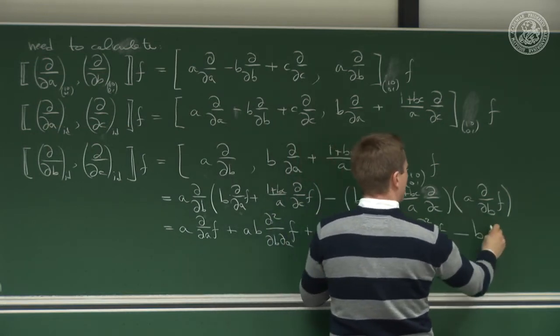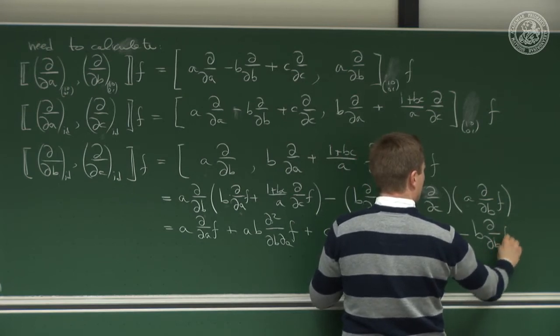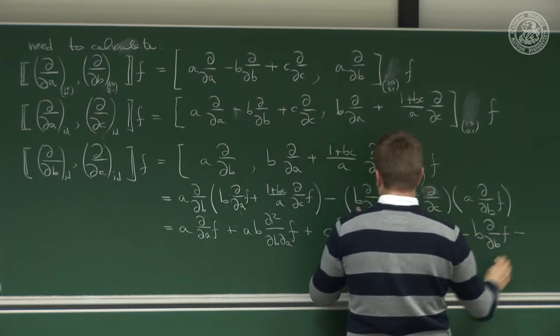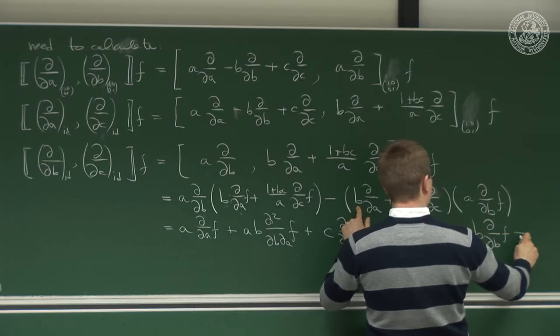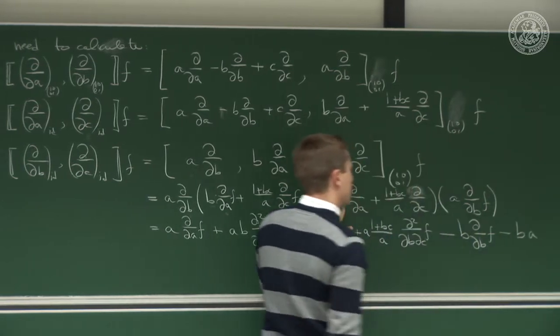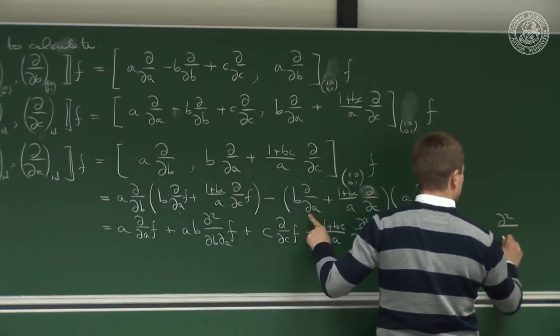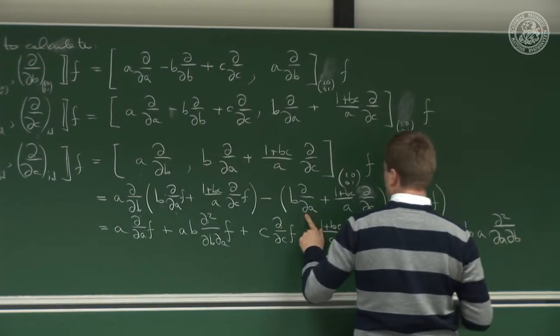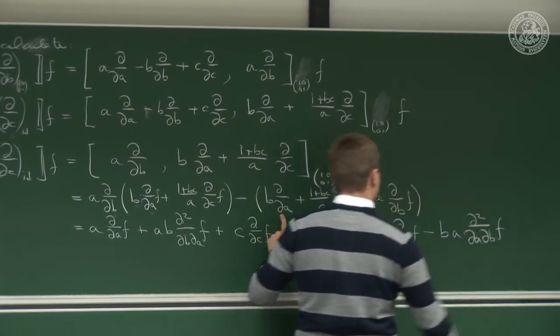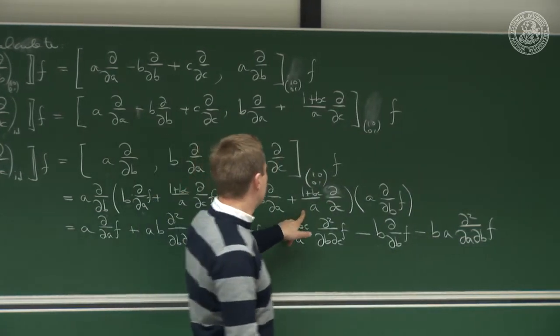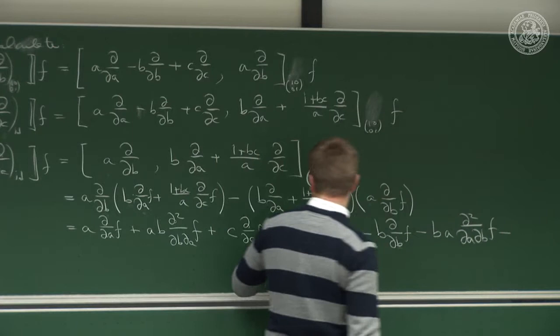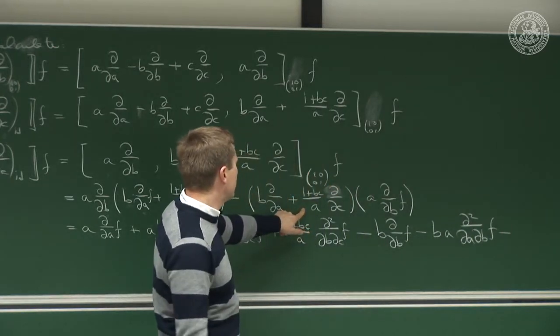D by dA is 1, so you get d by dB f, but the product rule instructs you to have minus ba second derivative d by dA d by dB on the function f, and then the final term here minus the derivative of c.